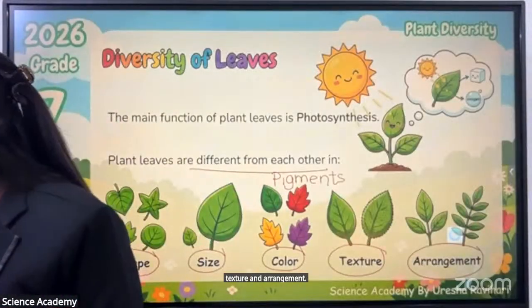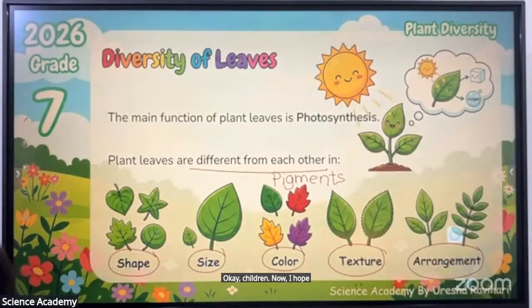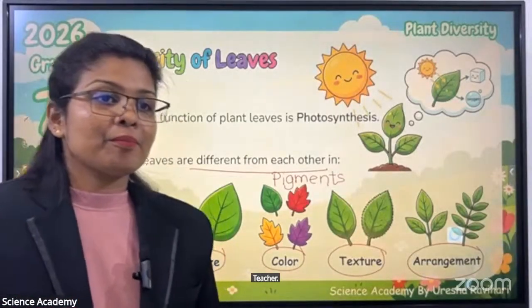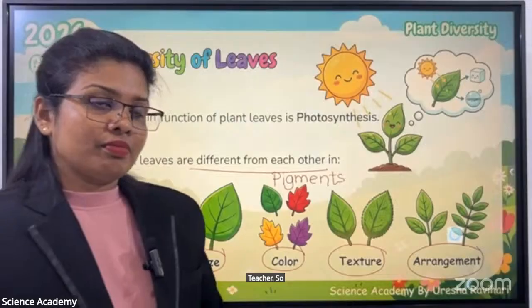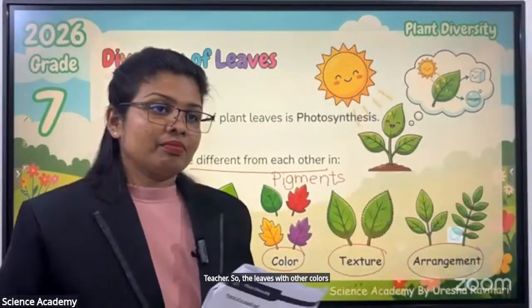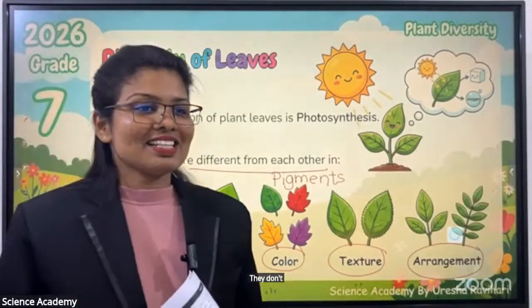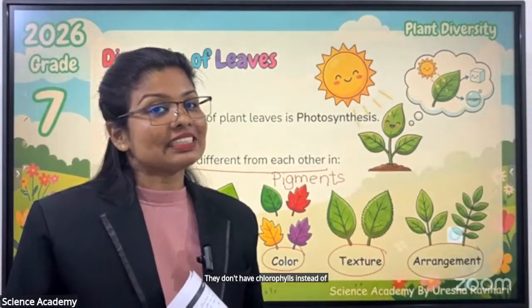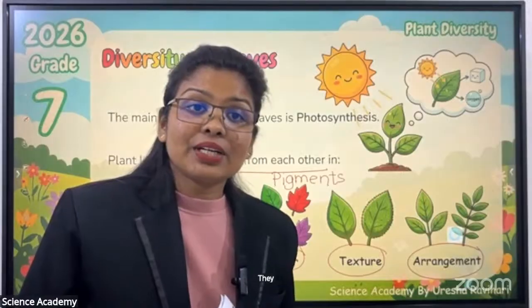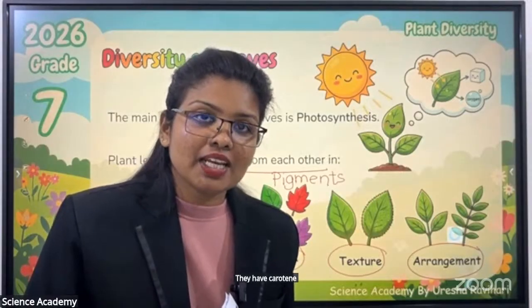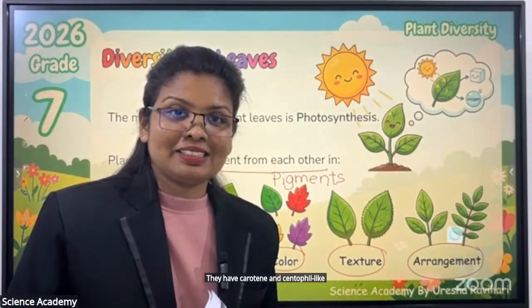Okay, children. Now, I hope that you have the printed tute. So the leaves with colors other than green, they don't have chlorophyll? They don't have chlorophylls. Instead of that, they have carotene and xanthophyll-like pigments.